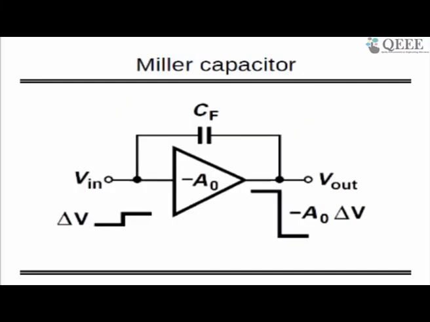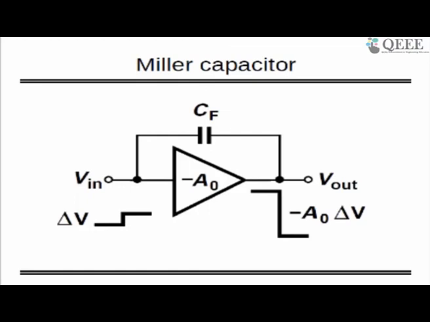Okay, so now let's go to the real circuit. Slowly we'll build up and we'll go to the differential amplifier, back to the real thing again. So if this is the Miller capacitor, CF, this side, and there's a gain of minus A0. So if it is a normal common emitter amplifier, your gain will be minus gm times RC. And there is a capacitor connected in between Vin and Vout.